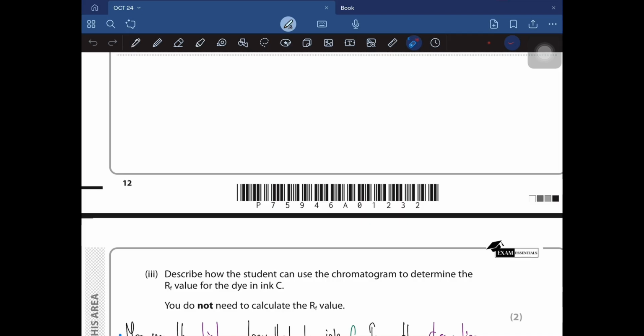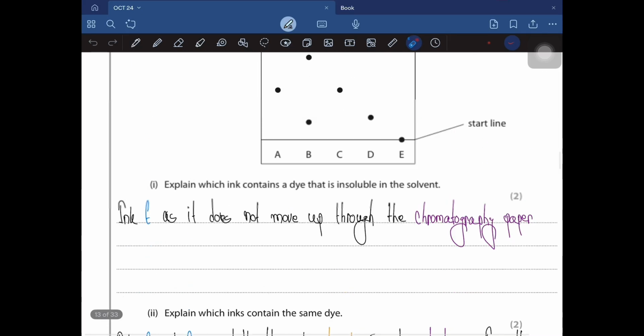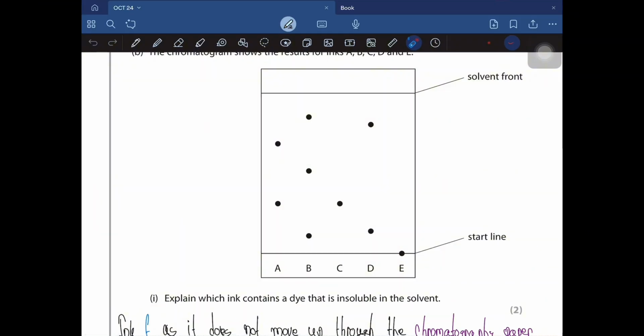Describe how the student could use this chromatogram to determine the RF value of the dye in ink C. So to calculate the RF value, first of all, you have to determine the distance that this ink has moved from the start line or baseline. Assume this distance to be d1.